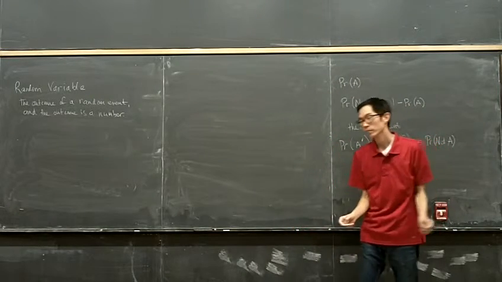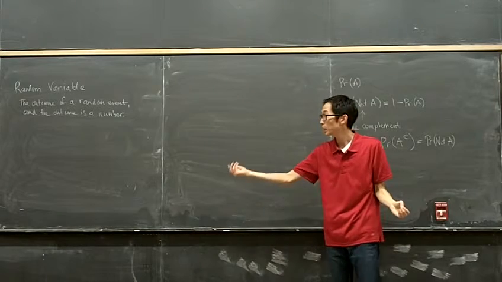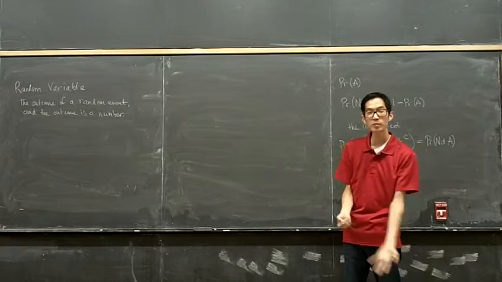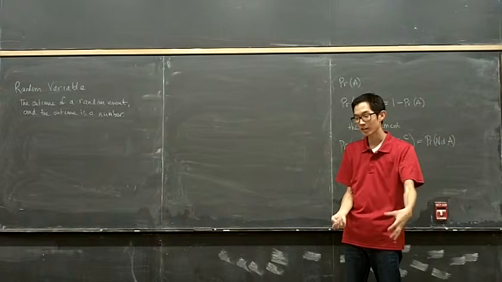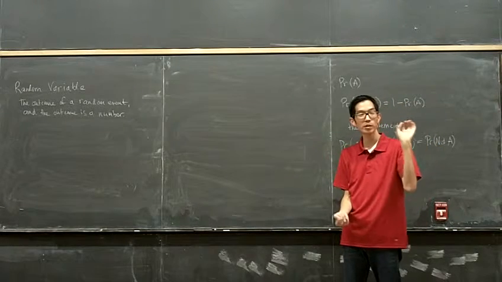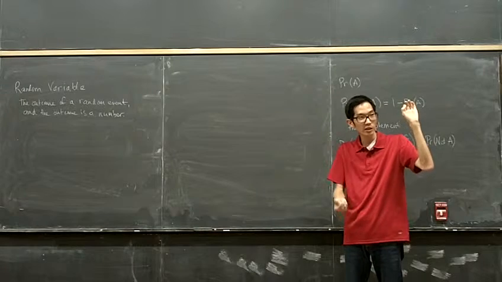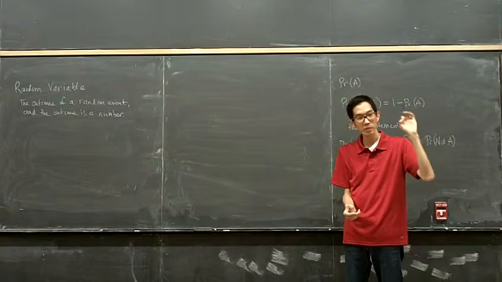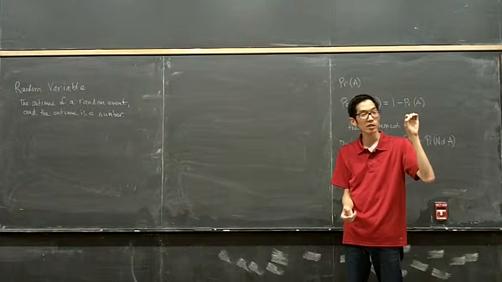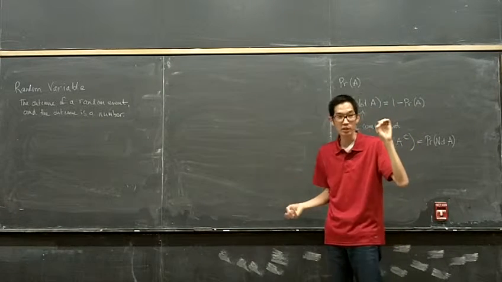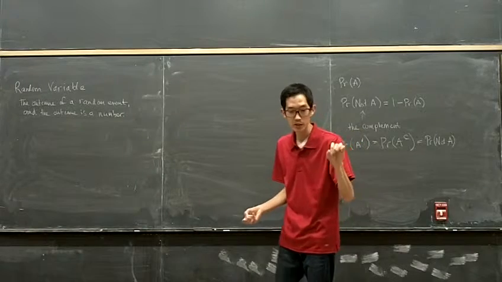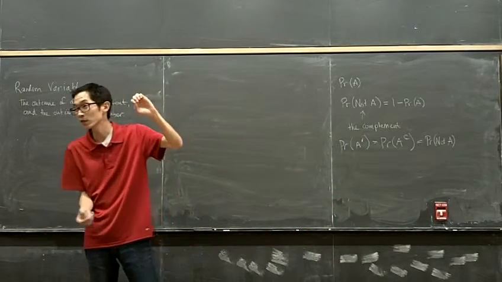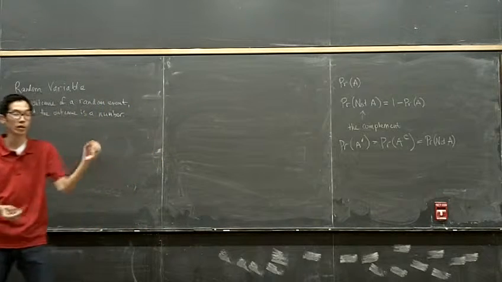That would also be a random variable, because it's a random event: I'm selecting a student at random. But the thing that I'm getting is not the actual student itself, but the age of the student, and that's a number, that's a random variable. Or maybe it's not the age, maybe it's the height of the student. A random variable.